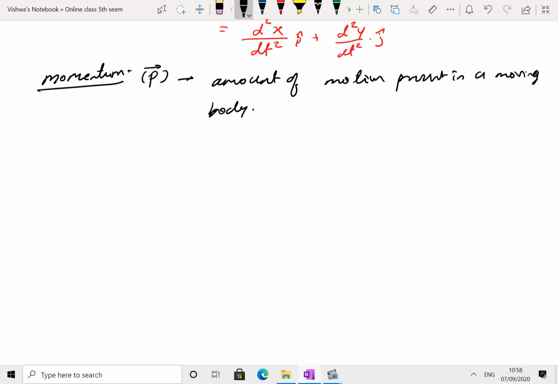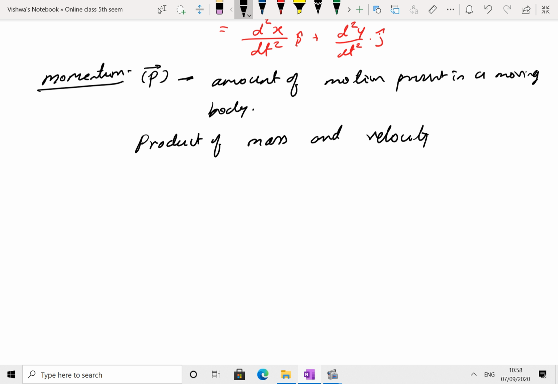This is the meaning, but mathematically the momentum is the product of mass and velocity.